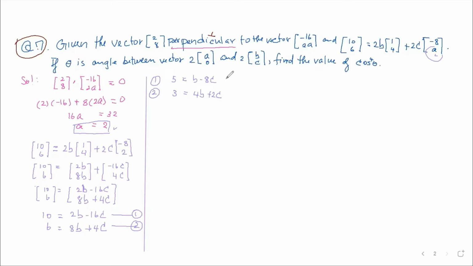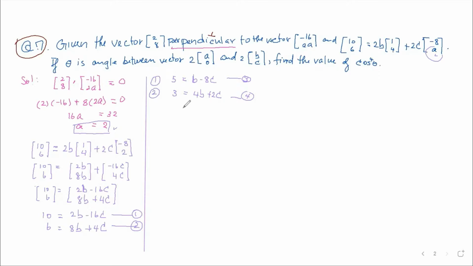So this is equation 3, and this one is equation 4. Now we can find which is easier to get.